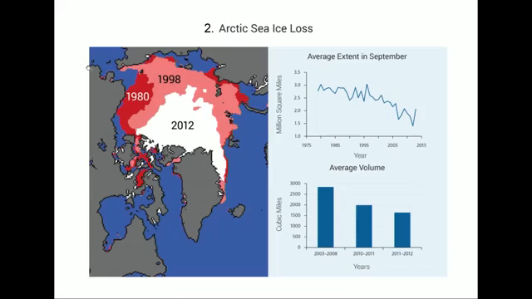So here's a picture of the ice in the Arctic in the summer, and you have this general ice cover here, but over the last few years, that coverage has been dramatically reducing. Here's the average extent over that time; it has almost halved.